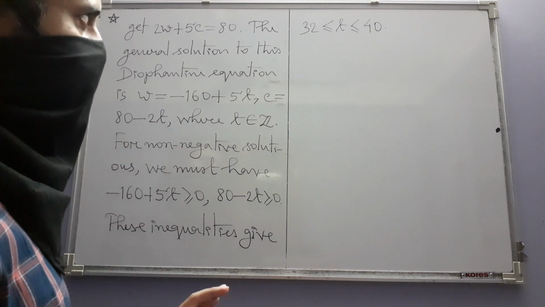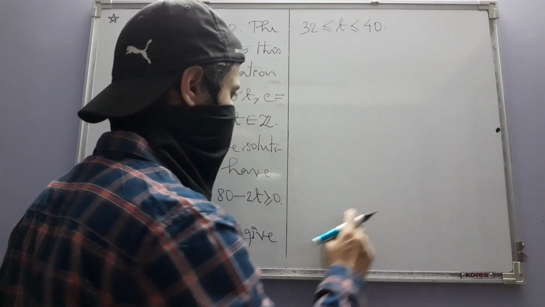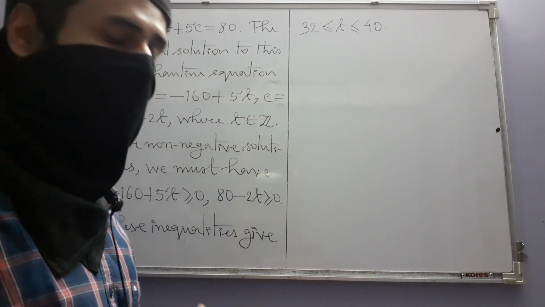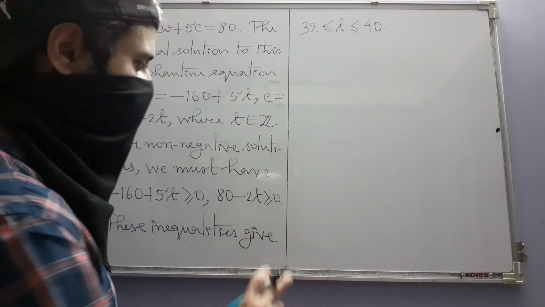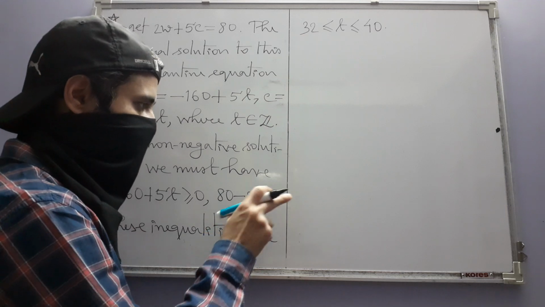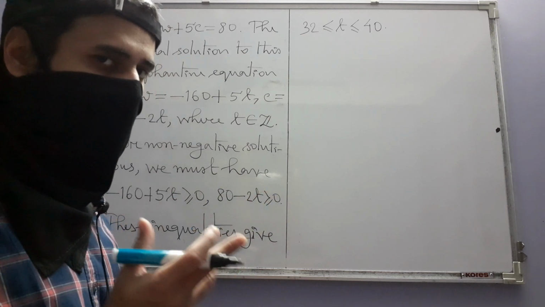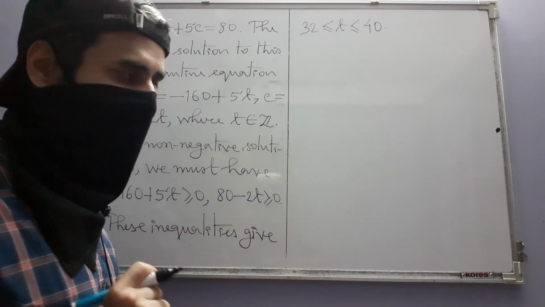Now it is up to you to see whether the m's that you are getting are actually non-negative or not. Some of them will not be non-negative. Some of the m values will be negative. So the values of w and c corresponding to which you are getting a negative m, obviously they cannot form a solution. So you have to discard those sets of values.